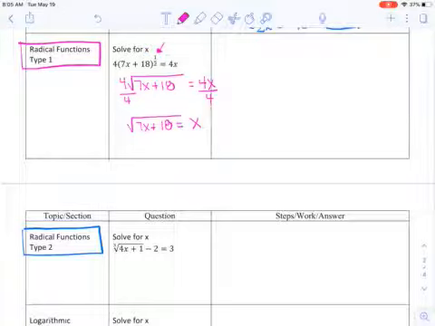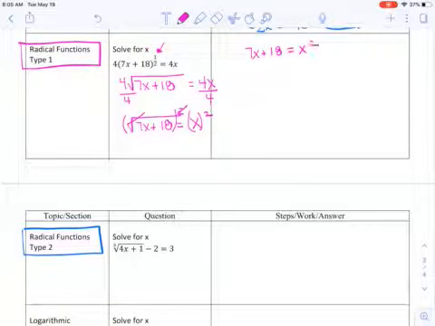Okay, so now you have the square root by itself. Now we want to get rid of that square root sign. So how do you undo square root? Yes, you square both sides. And so that's going to give me 7x plus 18, because those will just cancel, equals x squared.